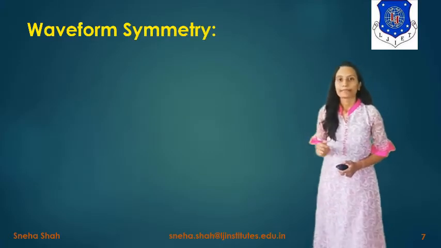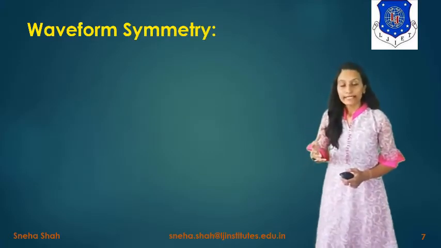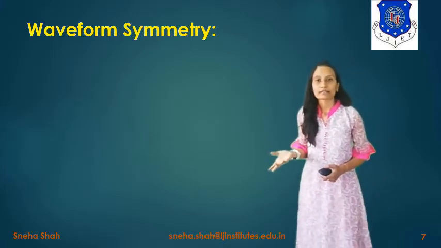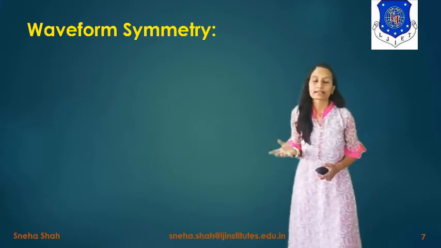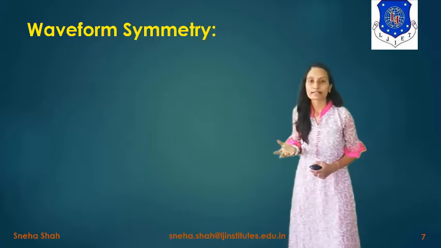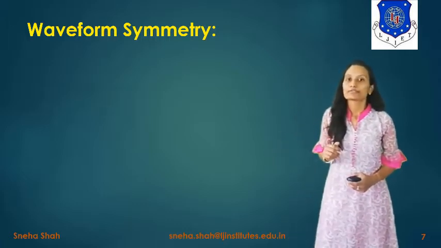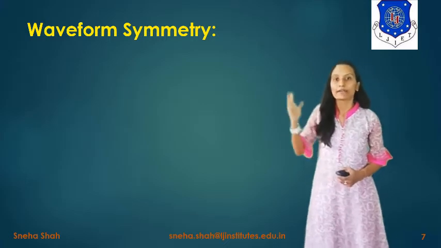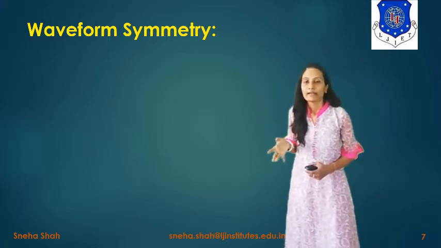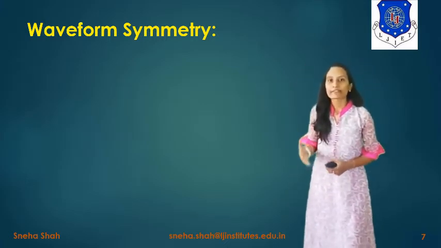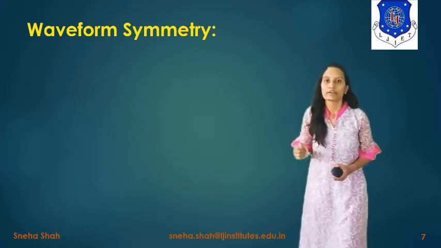Now the next topic is waveform symmetry. If we are finding Fourier series coefficients, there will be different coefficients. Suppose I am taking the trigonometric Fourier series, then we have to find a0, an, bn. So for each and every example we have to find a0, an, bn. For reduction of calculation we will use waveform symmetry.